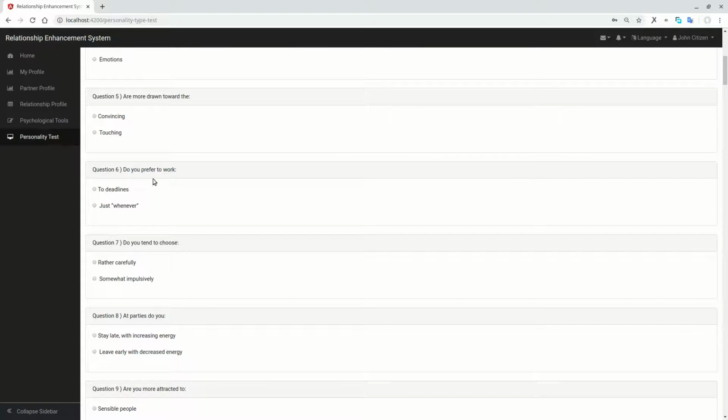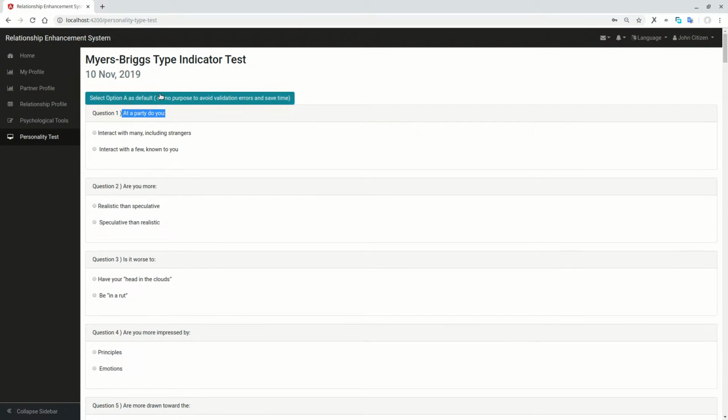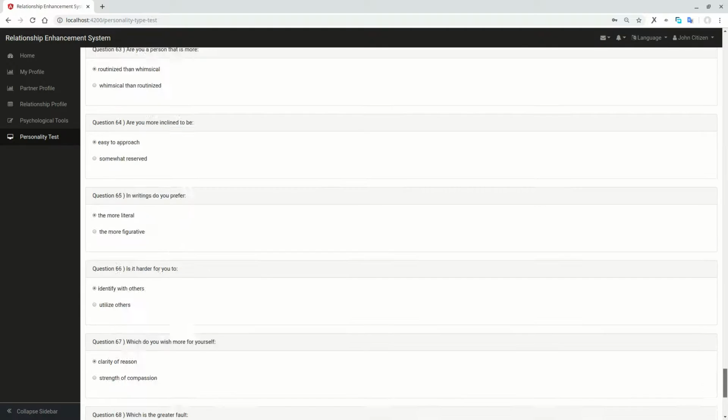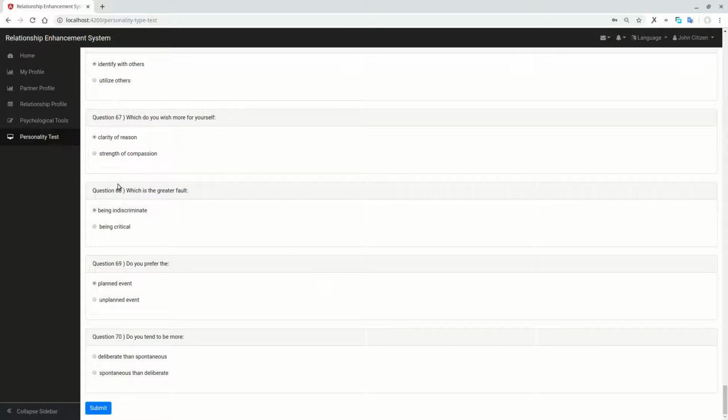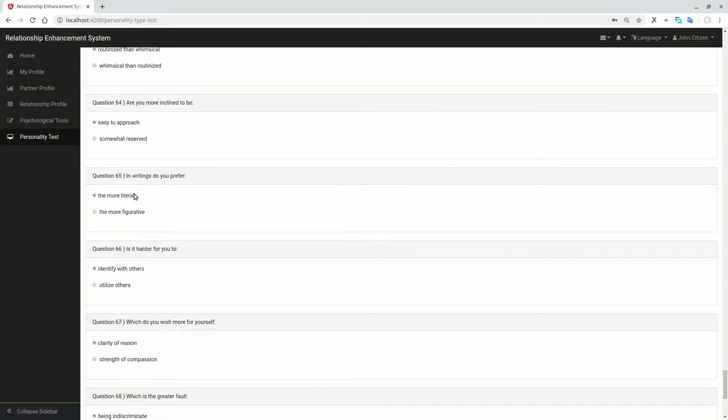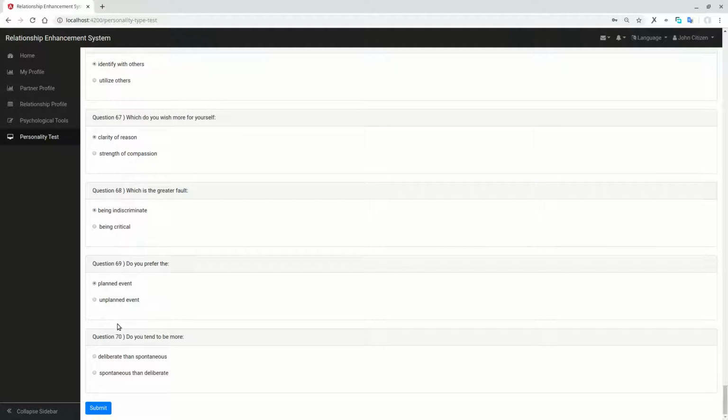We have also implemented form validation, so this selection helps ease our validation as well, because all the questions have to be answered before the form can be submitted.